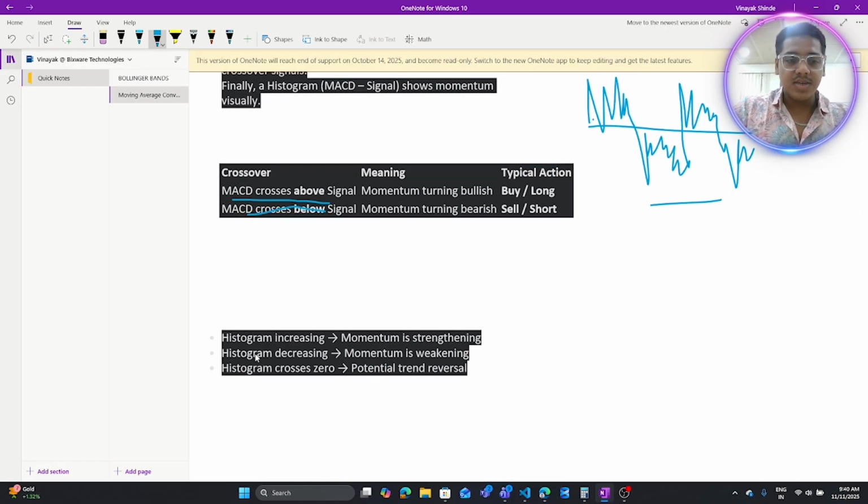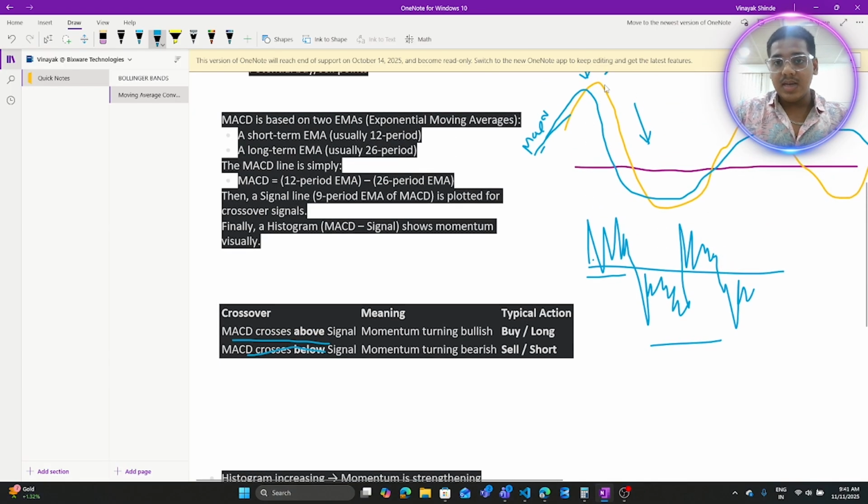Just understand, if the histogram is increasing, then the momentum is strengthening, or the weight of momentum is more. If the histogram is decreasing, then the momentum is weakening. Just like this, at this point the momentum was on the upside, meaning investors were adding money, but as we got a sudden drop here, at this point momentum failed.